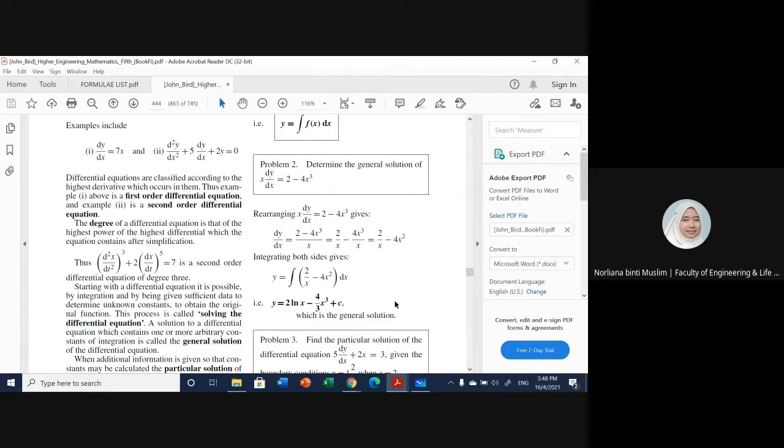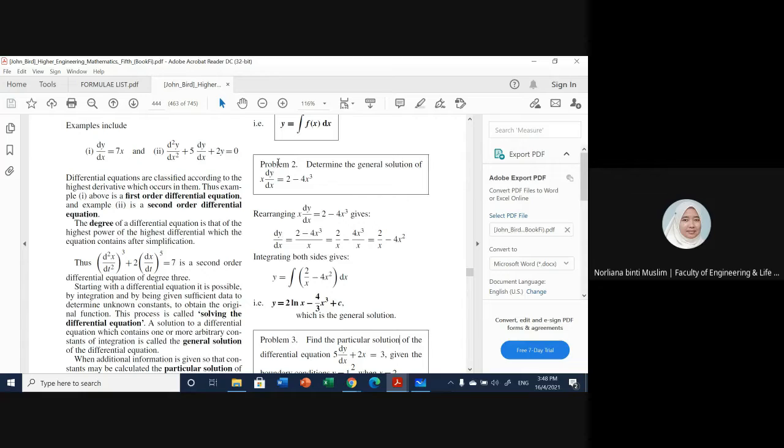Yes, madam. Okay, so how do we identify whether a problem asks for the general solution or the particular solution? Look at whether there is any initial value in that question. First, the problem will state what type of solution the question asks for.